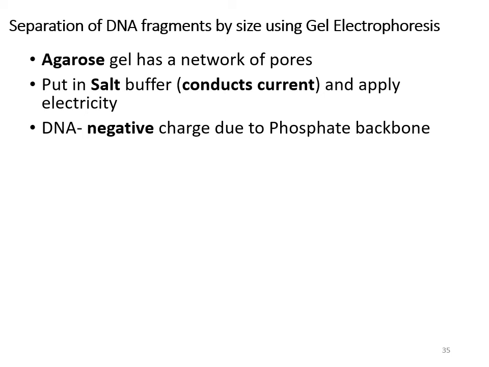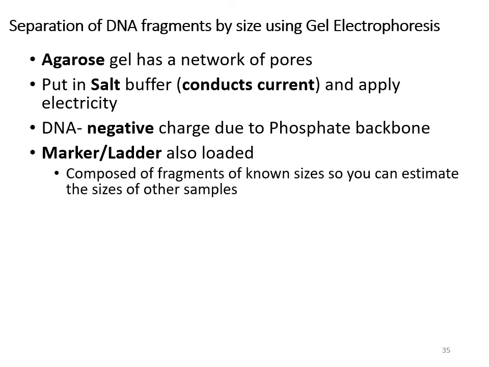Okay. Now, in addition to your DNA samples, you also load a marker or a ladder, and that's important because it will have known size fragments of DNA that you can then compare your sample to and figure out exactly what size DNA you have in your sample.